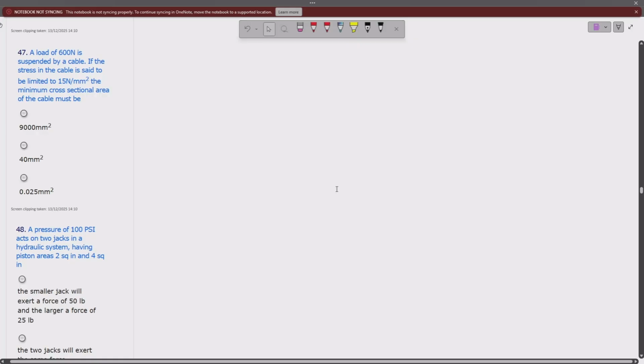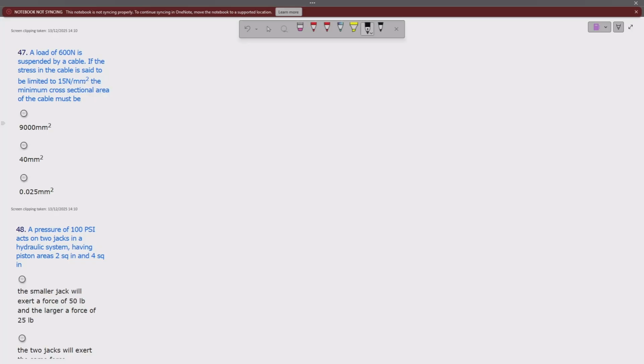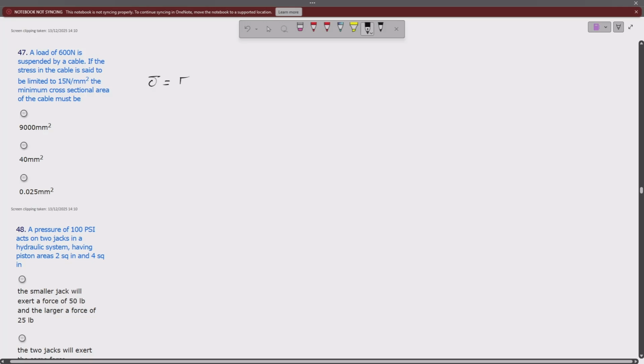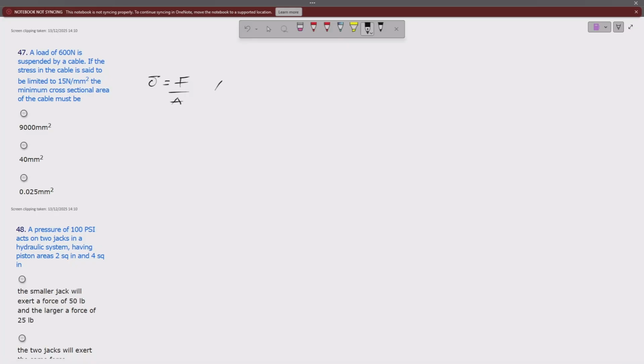47. A load of 600 newtons is suspended by a cable. If the stress in the cable is limited to 15 newton per millimeter squared, the minimum cross-sectional area of the cable must be, so we know stress equals force over area. To find the area, area equals force over stress.